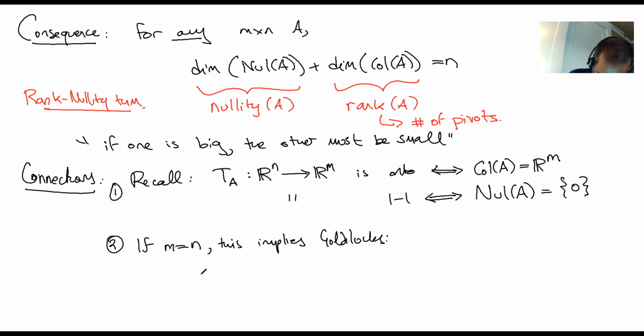Well, TA is onto if and only if the dimension of the column space of A is equal to m, which is equal to n. So I used m equals n here. And that's now by the rank nullity theorem.